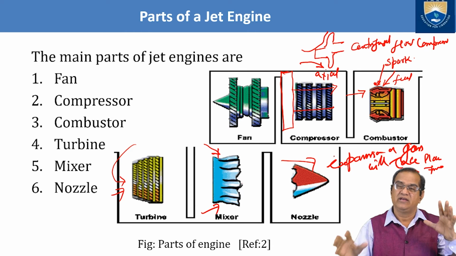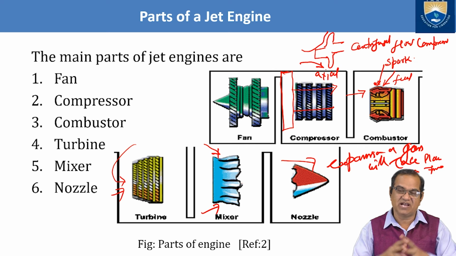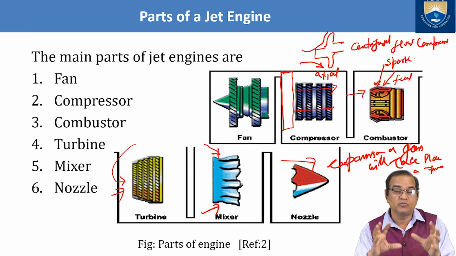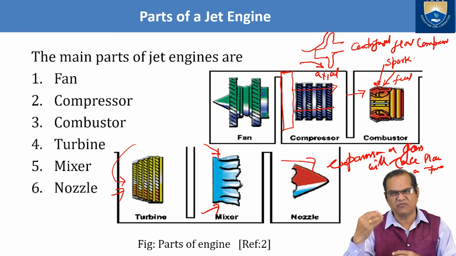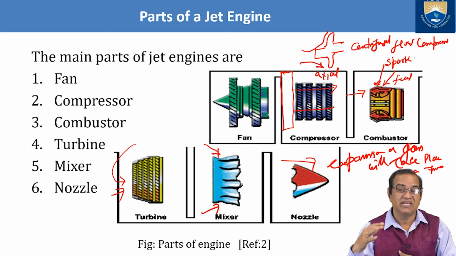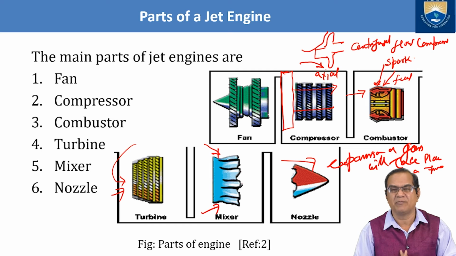So if it is a turboprop engine, you have a larger number of turbines, because all the heat generated in the combustor should be utilized by the turbine, and a very limited amount of gas will go to the exit. But in a turbojet engine, the turbines are only used to rotate the compressor, not for any other purpose.